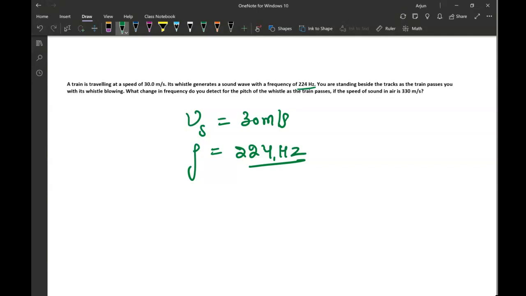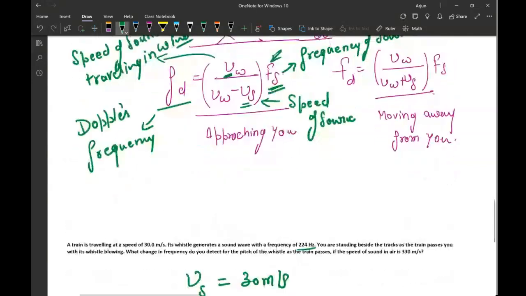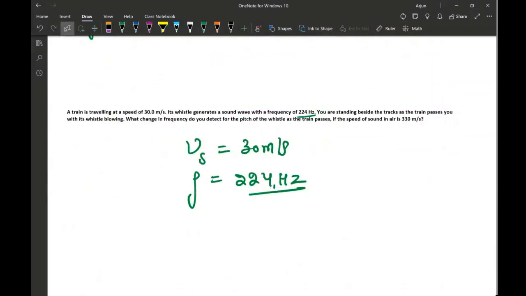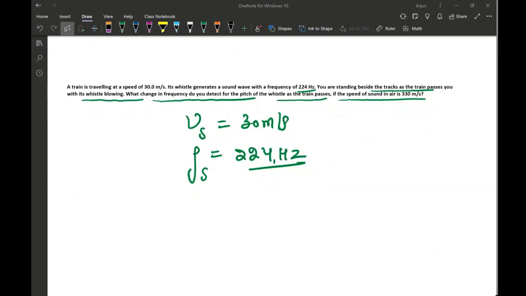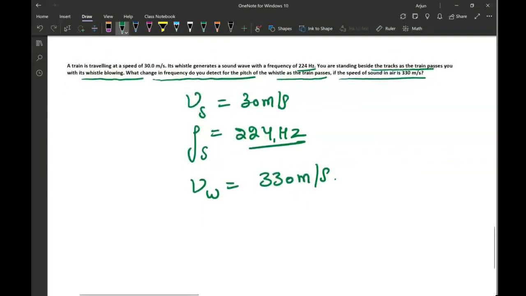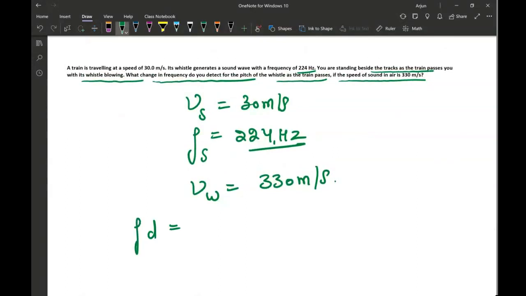This will be Fs, source, because it's generated by the whistle. And then you are standing beside the track and the train passes you with the whistle blowing. What is the change in frequency of the whistle as the train passes if the speed of the sound in air is 330 meters per second? Vw is 330 meters per second. And I want to find Ft.